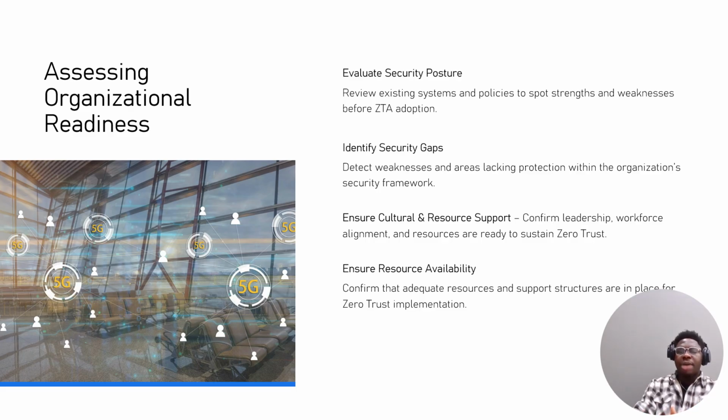Identify security gaps: detect weaknesses and areas lacking protections within the organization's security framework. Ensure cultural and resource support: confirm with the leadership that workforce alignment and resources are ready to sustain zero trust. Ensure resource availability. As much as zero trust is so good and important, it also costs money. You also have to make sure the company has the resources available to implement zero trust.